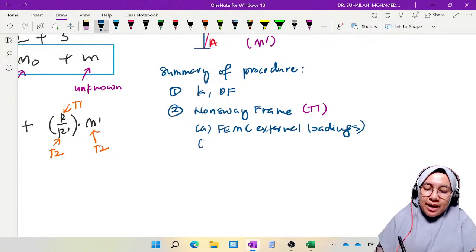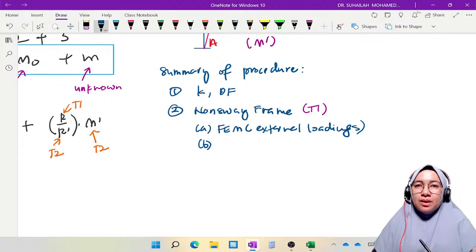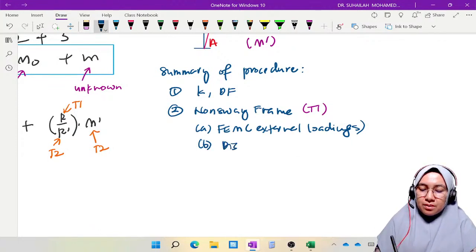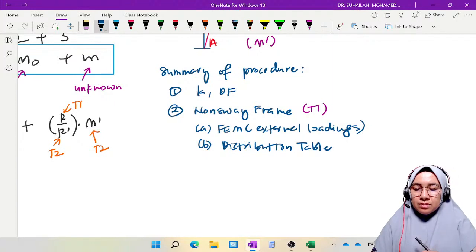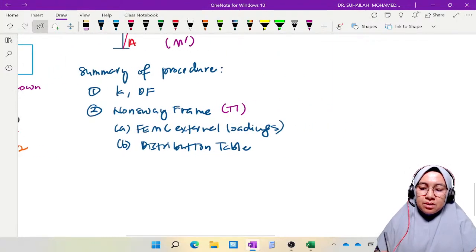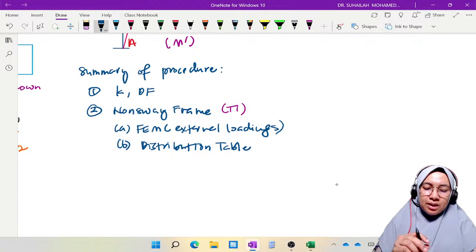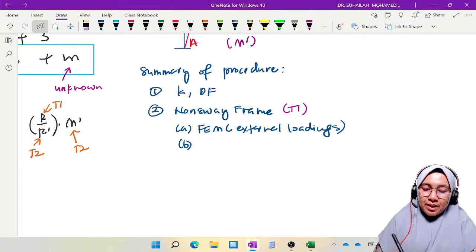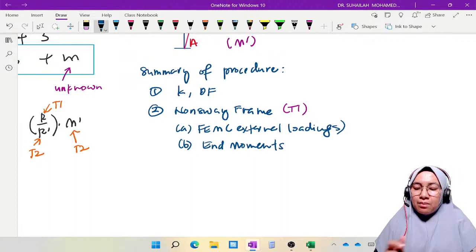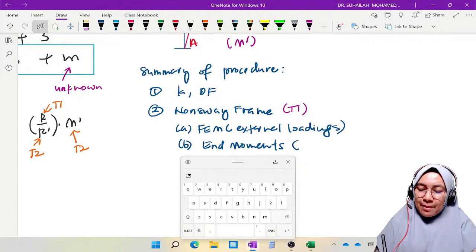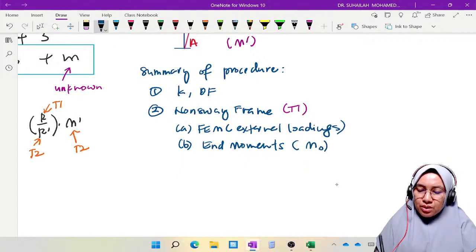And then the second step is the distribution table. We distribute in order to calculate the member end moment, and the symbol is M naught.